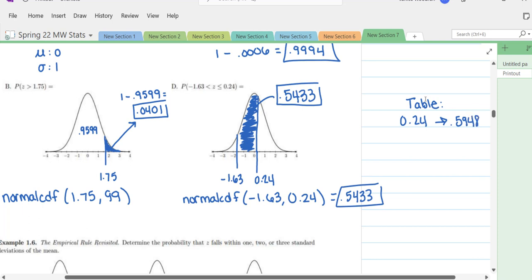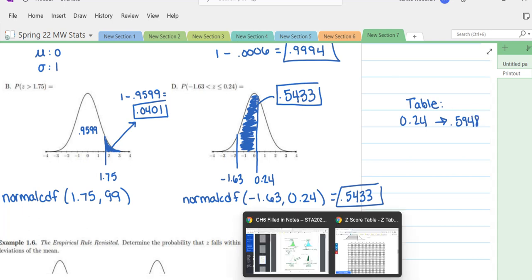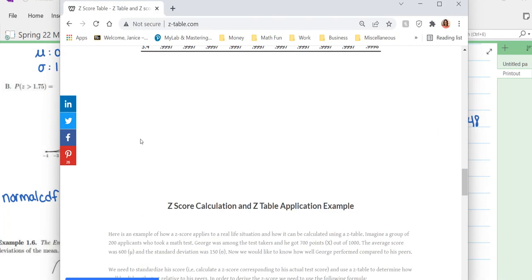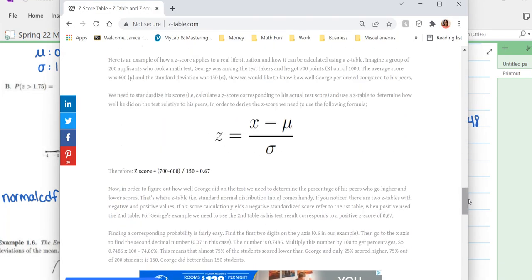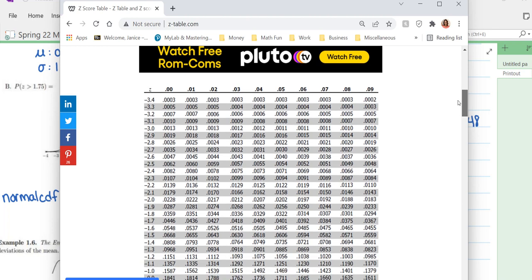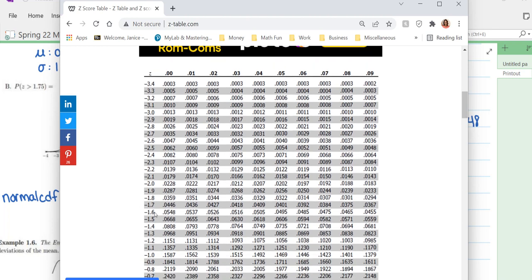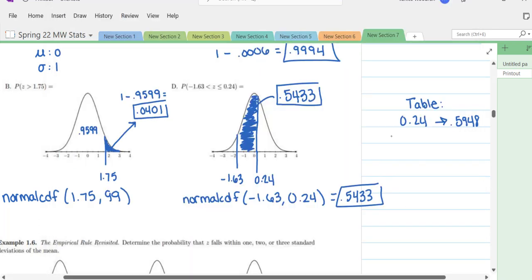Okay, and then negative 1.63 is 0.0516. And then you're just going to subtract them from each other, okay?